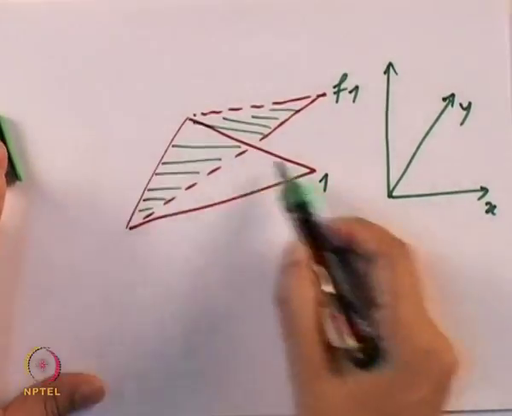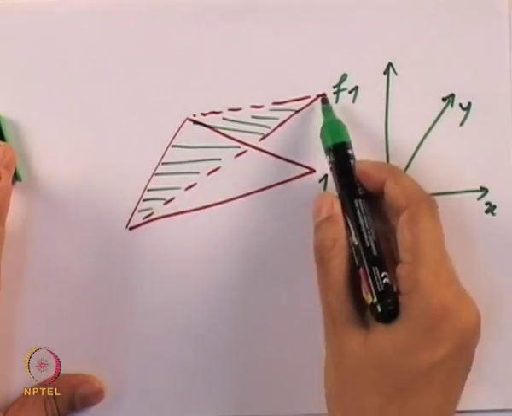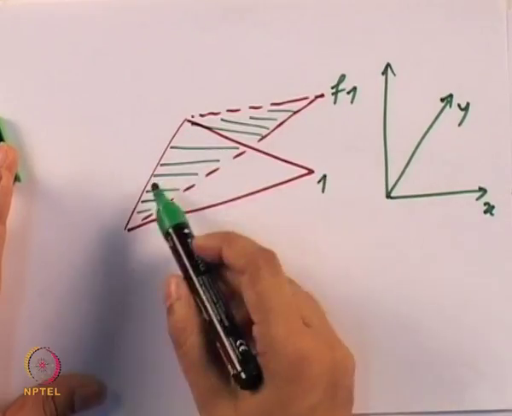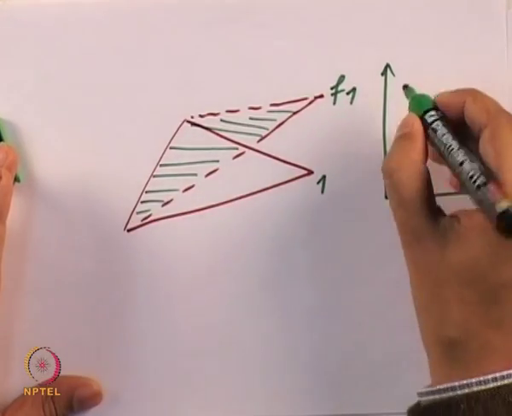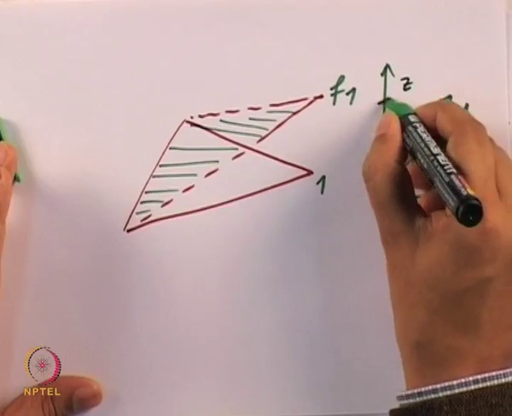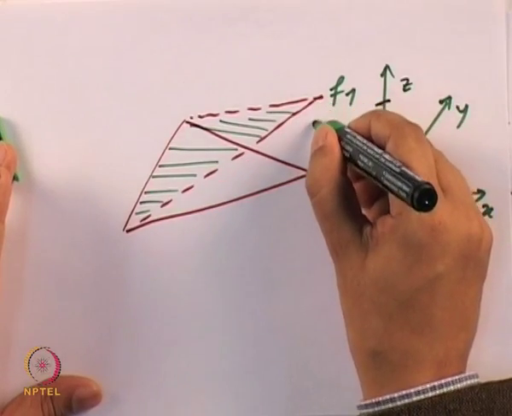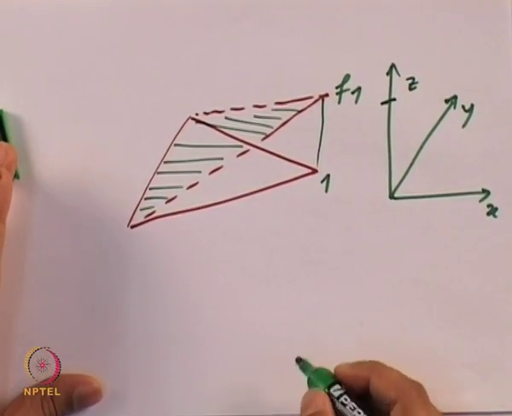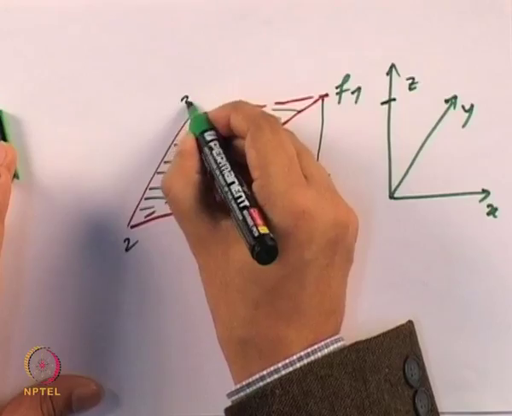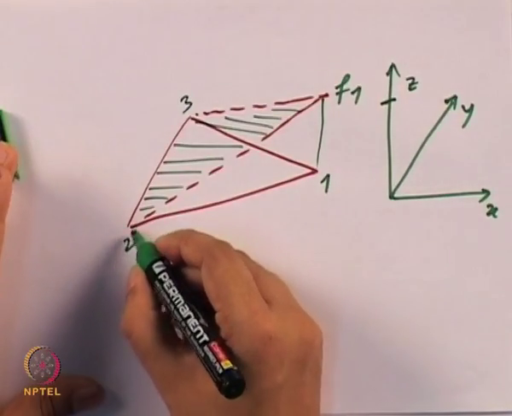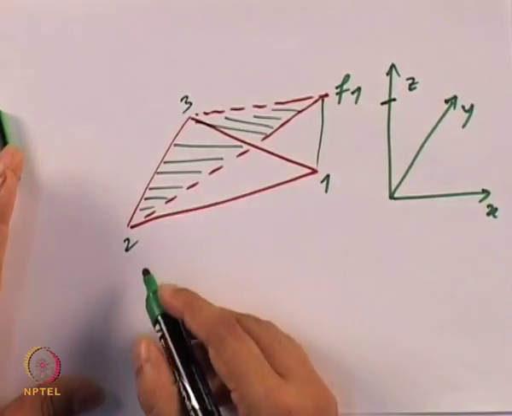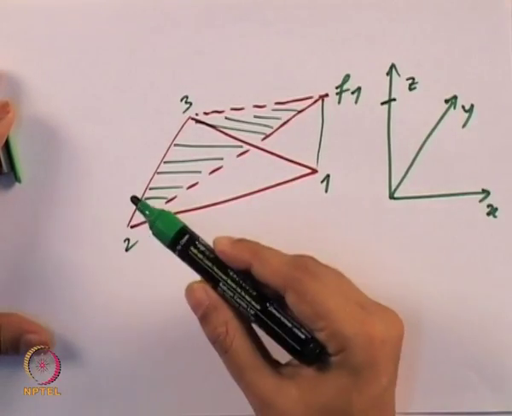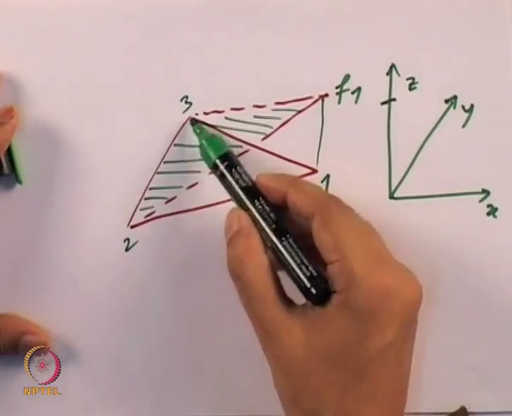So you have a triangle and you have another triangle with the base on the same points, and the value goes in the 3rd dimension, which is the z dimension, and it has maximum value of 1 at node 1, whereas it has value 0 at nodes 2 and 3, whereas the basis function f2 will have the maximum value here and goes to 0 here.